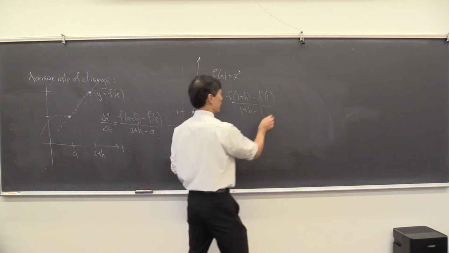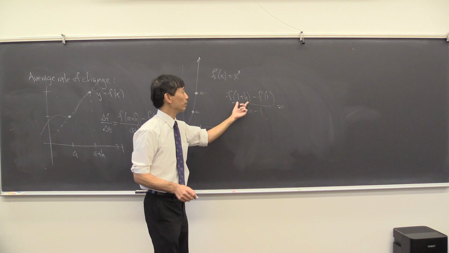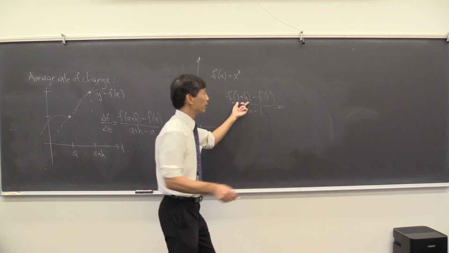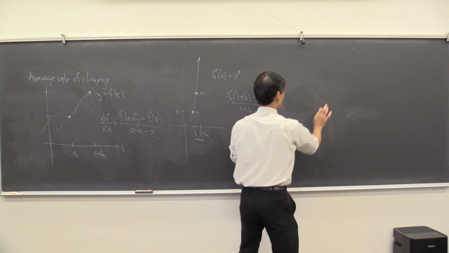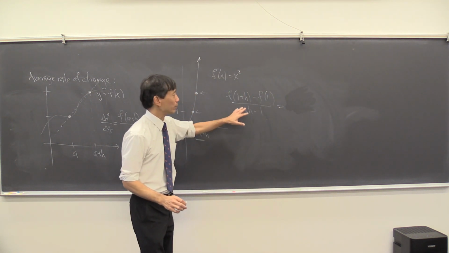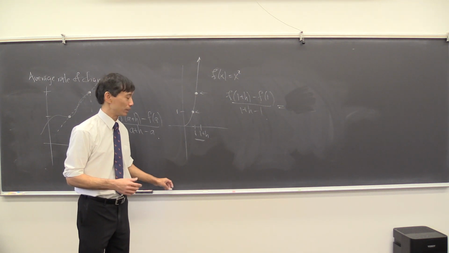This function is a squaring function, so we're going to get 1 plus h squared. I'll let you take 1 minute and write out what that would be, just for algebra practice.